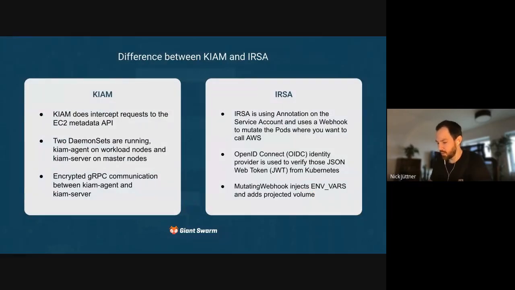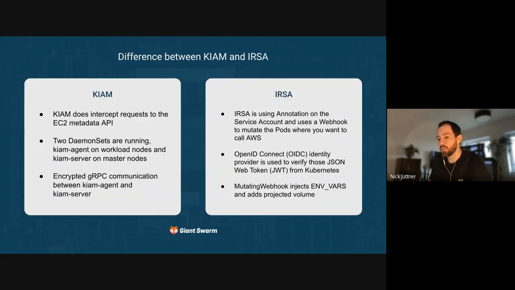And to talk a bit about the difference: here at Giant Swarm, we are using KIAM, and maybe not all of you are familiar with how KIAM works. KIAM is a client-server setup, where you have a client running on each worker, and the KIAM server is located on the master nodes.